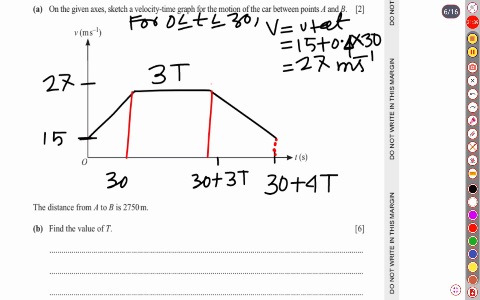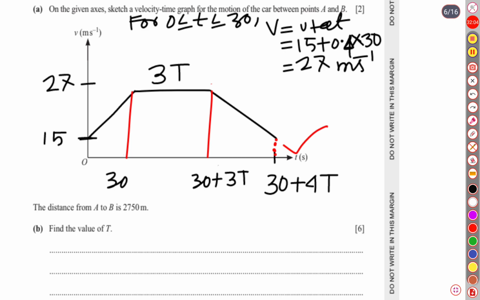But for the third trapezium, look at this. We know the horizontal line and another vertical line, but the second vertical line is not known to us. So first of all, we will have to know how much this height is.